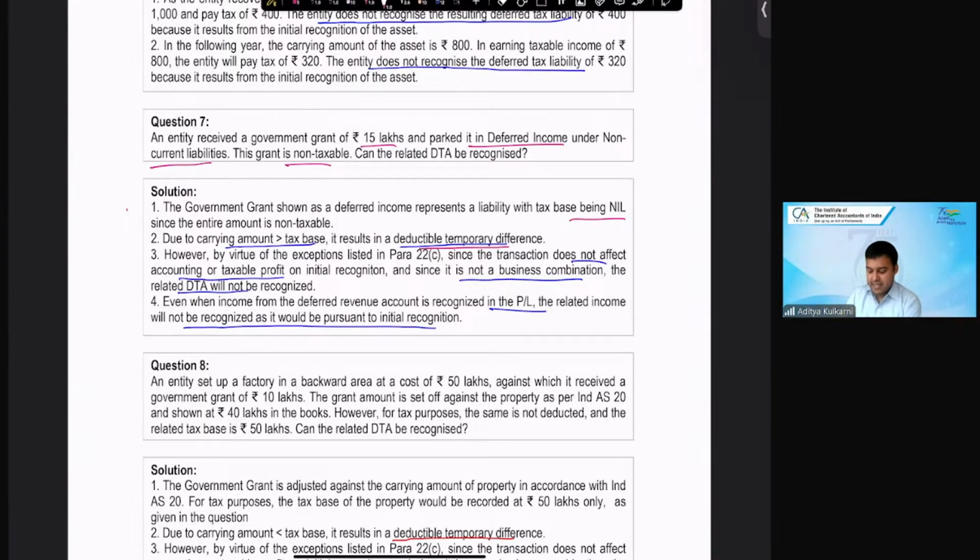By virtue of exceptions, since the transaction does not affect accounting or taxable profit on initial recognition, and it is not a business combination, the related DTA will not be recognized. Even when income from deferred revenue is recognized in P&L, it will not be recognized as it would be pursuant to initial recognition. Government grant, etc. You will not recognize. Next.